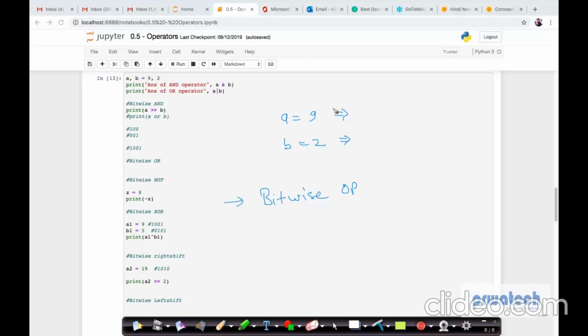So how can this 9 be written in 2 to the power? Just remember, the base has to be 2, and then the exponent can be anything, 3, 5, based on the value. So 9 can be a combination of 8 plus 1. Why am I writing 8 specifically, why not 6 plus 3 or 4 plus 5? Because I know this 8 can also be referred to as 2 to the power 3.